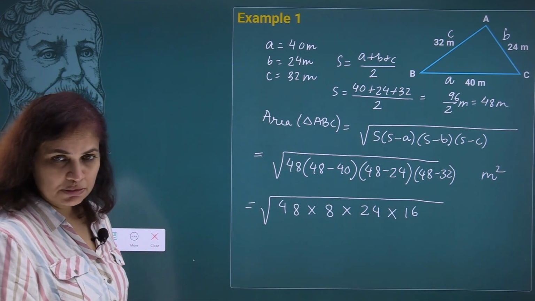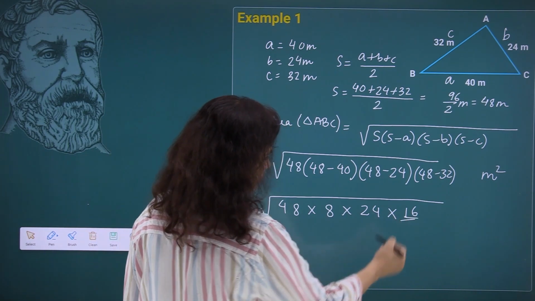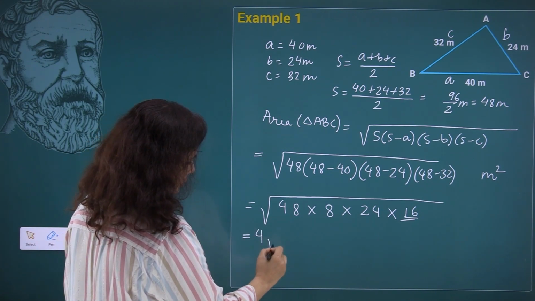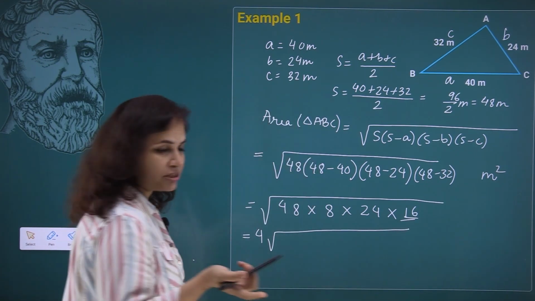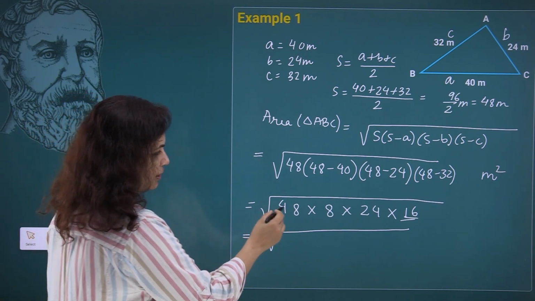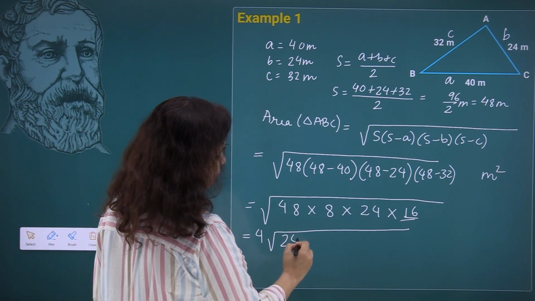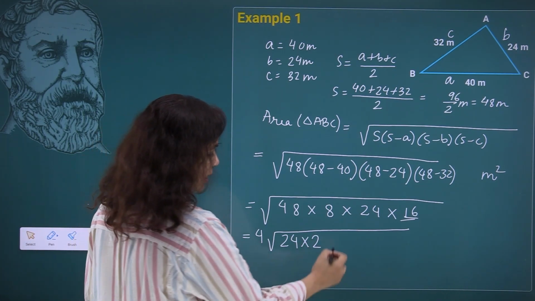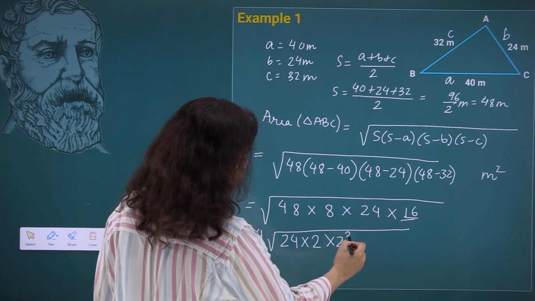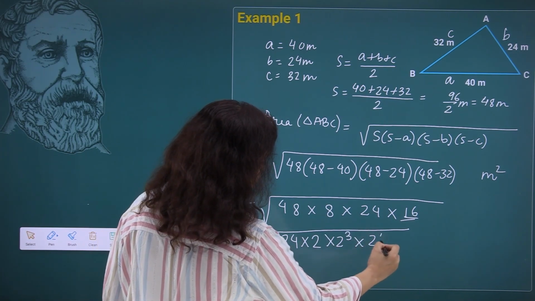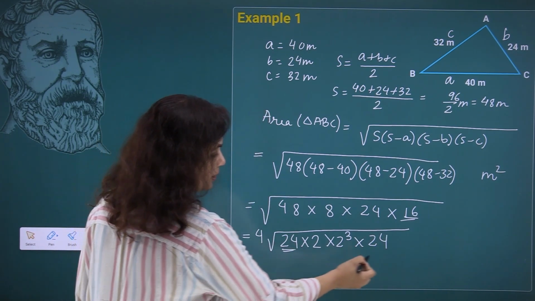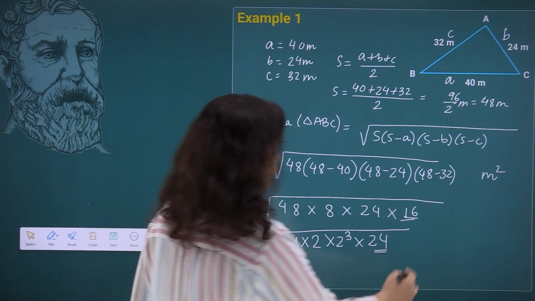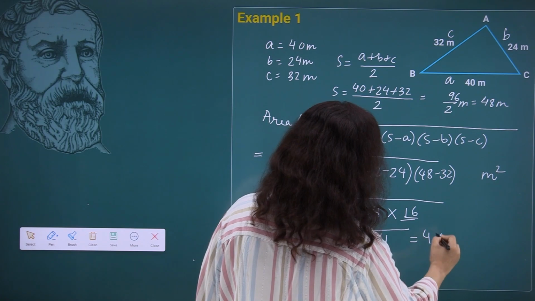From this, I will first pick up the square number 16, and I know under root of 16 is 4. So the under root value will be written outside the bracket. 48 can be split up as a multiple of 24. So 48 can be written as 24 into 2, and 8 can be written as 2 cube. So if I have 24 into 24, which is 24 square, under root of 24 square will be 24.